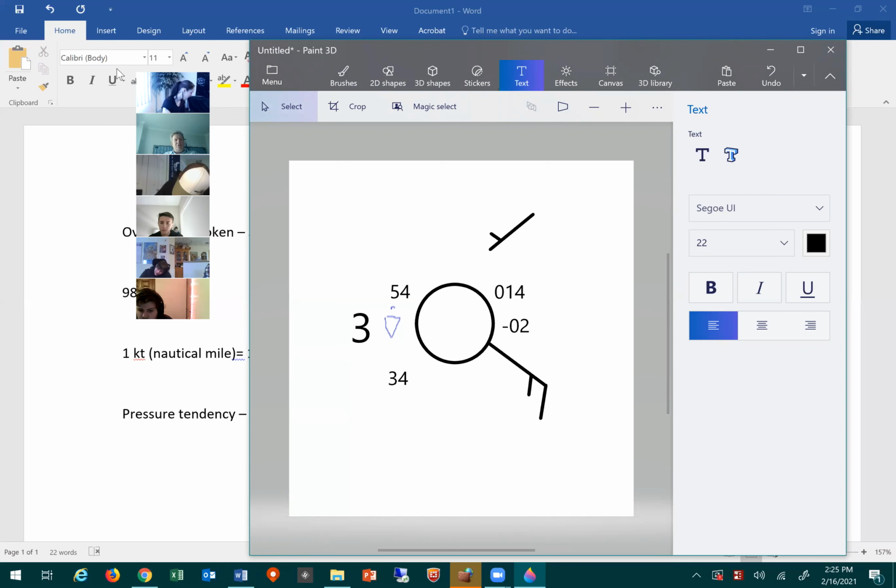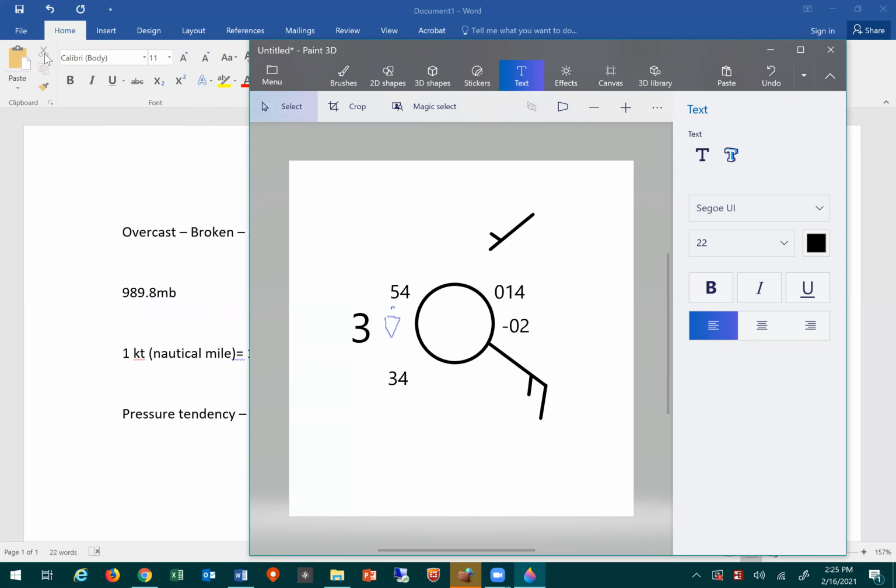So what was the pressure 3 hours ago? 1001.6 millibars. If it went down 0.2 millibars in 3 hours, you add 0.2 millibars to 1001.4.